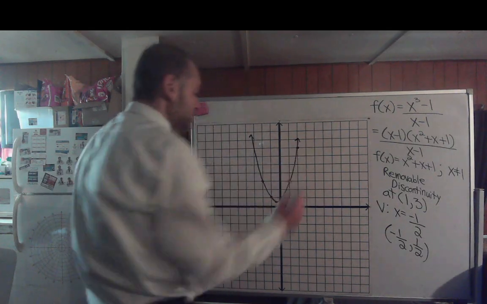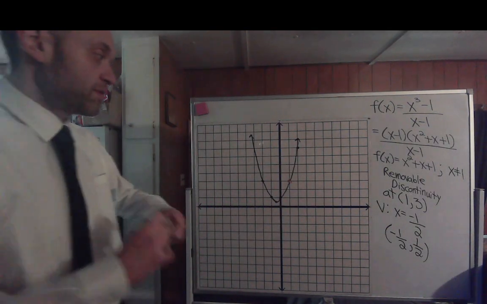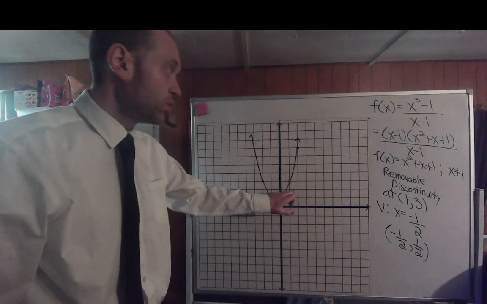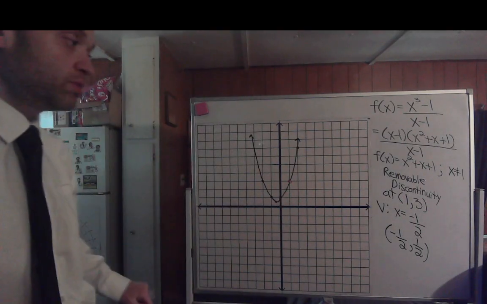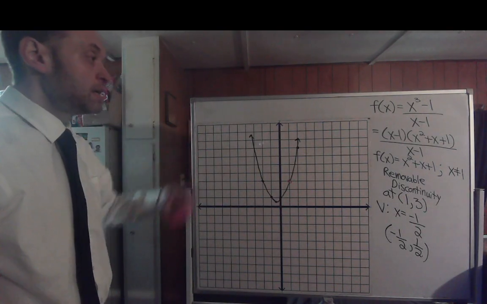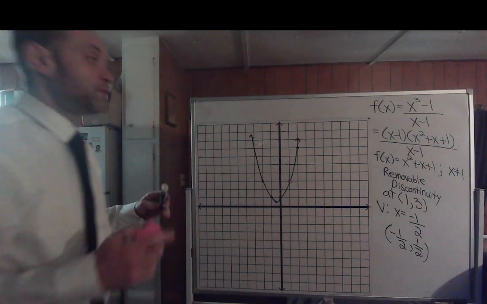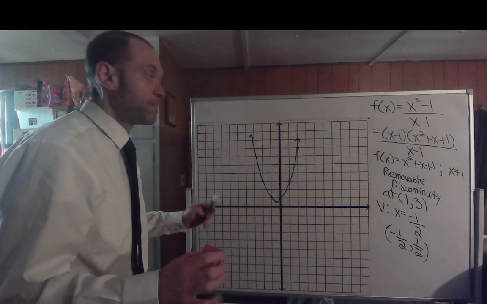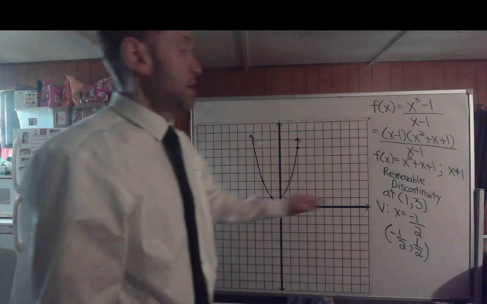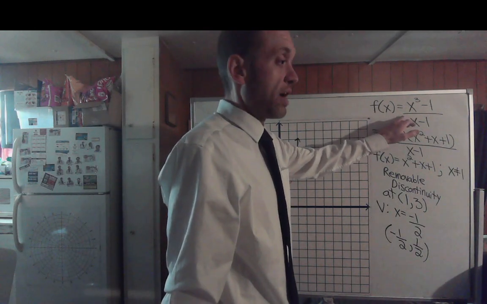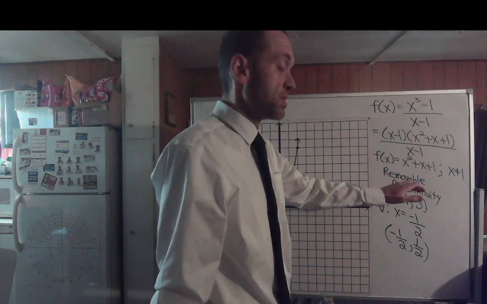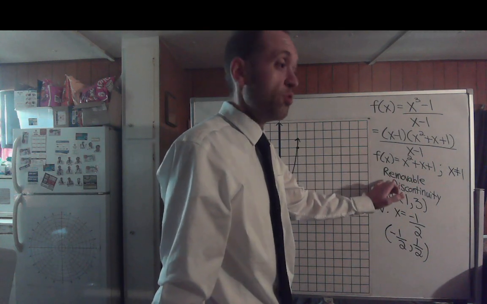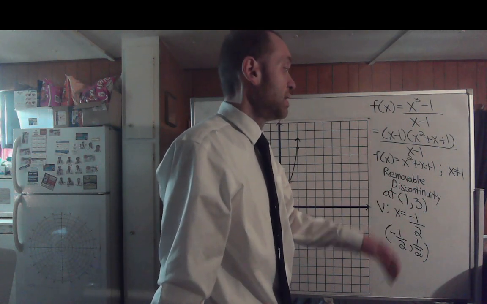And notice I have a graph of a parabola, except I have a hole in it at the point (1, 3). That's the removable discontinuity. So again, rational functions with a factorable numerator or denominator that causes factors to cancel out will create a removable discontinuity.